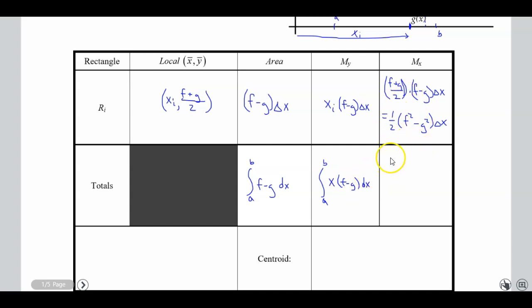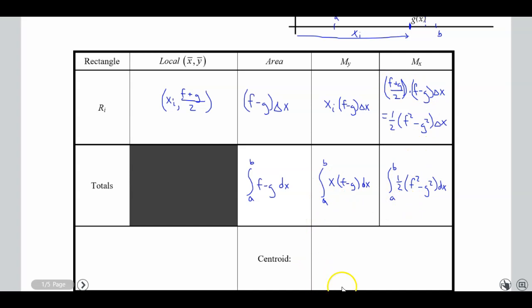And then the last one, again, I'm not going to write both down, but whichever one you want to do, this is going to be the integral from a to b of 1/2 times that f squared minus g squared times dx. All right, so there's that guy. And again, if you like the top formula better, you can go ahead and put that in. But either one, you can actually pull that 1/2 out and have just f squared minus g squared, or f plus g times f minus g inside that integral.